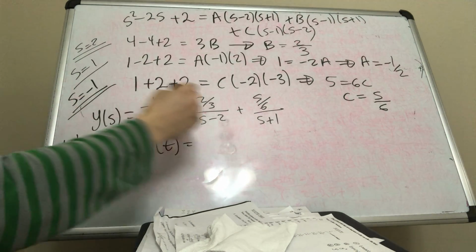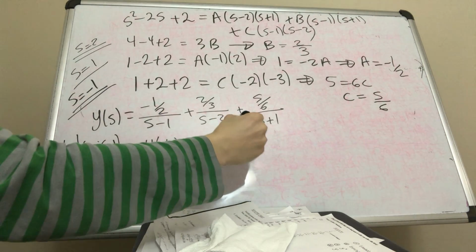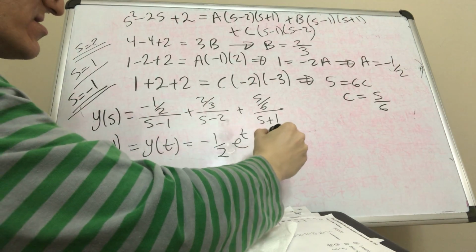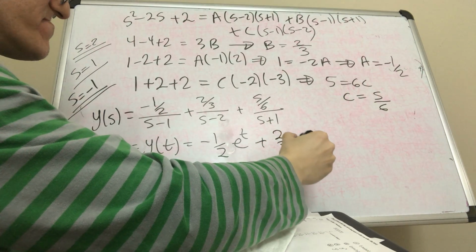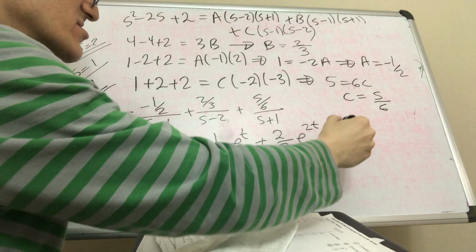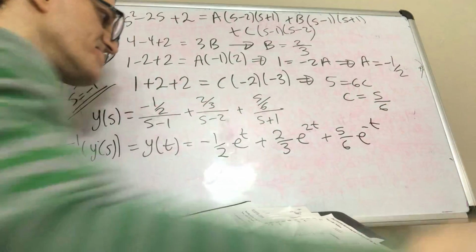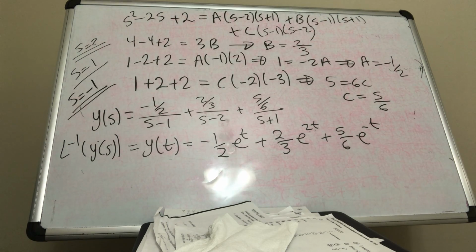For the first one, there is a constant, and this one is e to the t. Constant, e to the 2t. Constant, e to the minus t. So this is the solution for the differential equation.